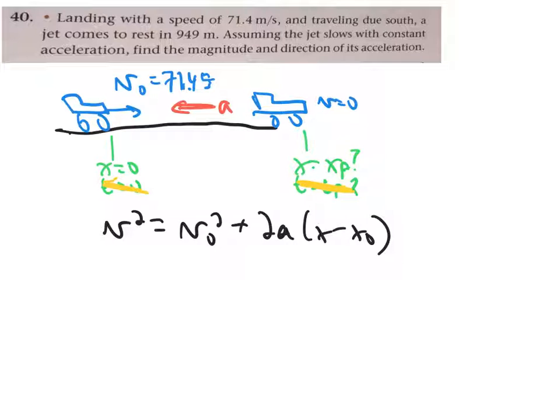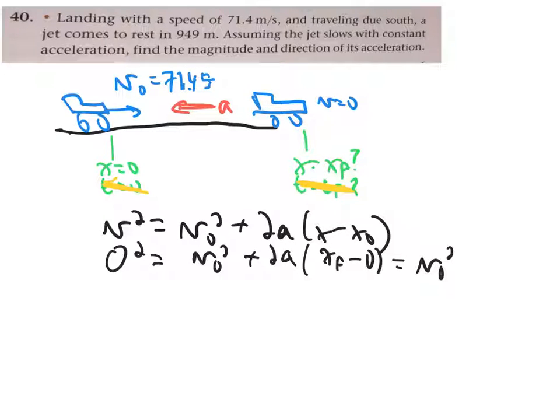And so we can say here that we have 0 squared is, and here we have whatever the initial velocity squared is, plus twice times the acceleration, times where we end up, minus where we start. This is v0 squared plus 2a xf.